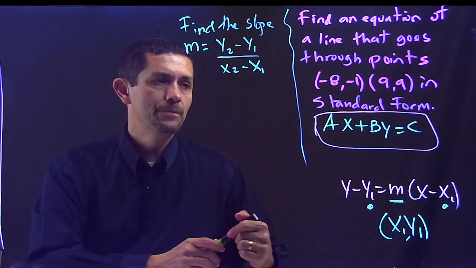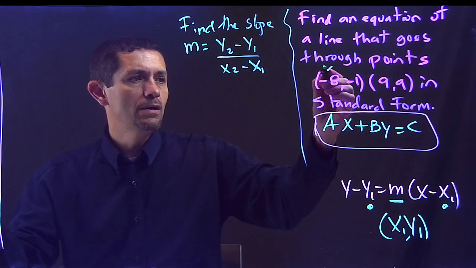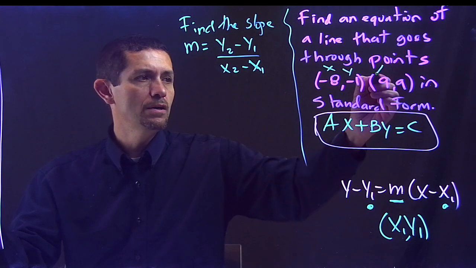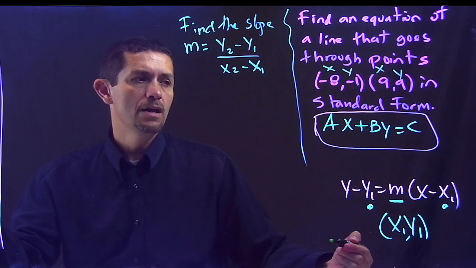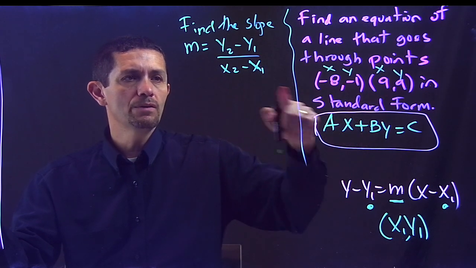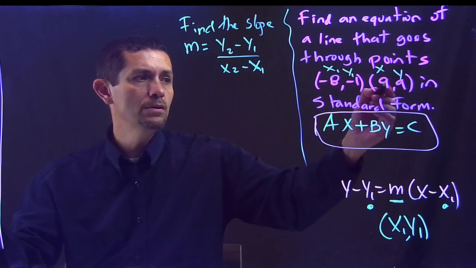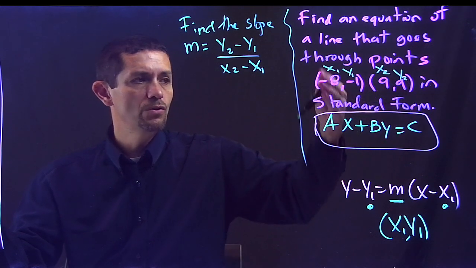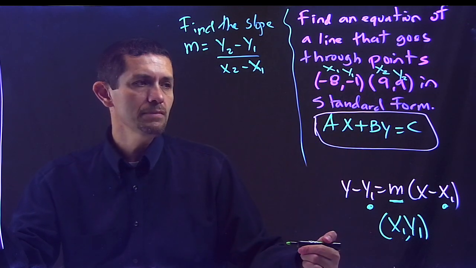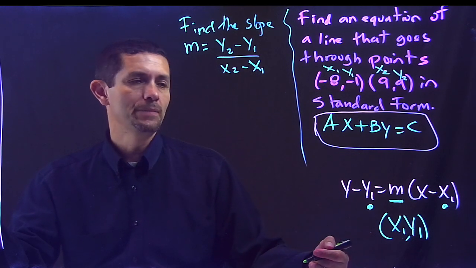Let's label. Always label. The first value is x, the second value is y. Either one could be your first point or your second point. I always use 1, 1, 2, 2, first point, second point. It's just a notation. Get used to something, so you practice the same way all the time.